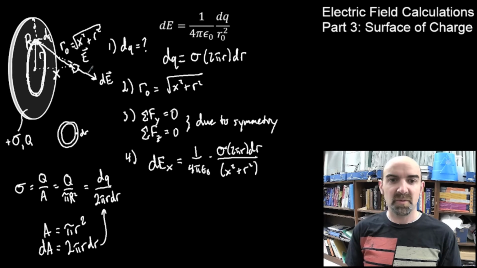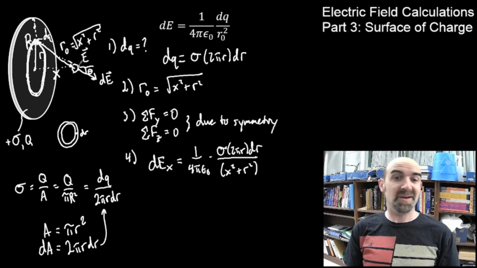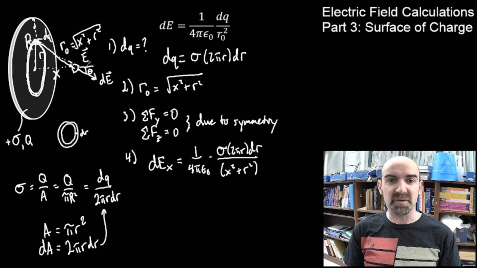We also need the x component, so let me define a theta here. There's our theta, and the x component would be the adjacent side. If we make a little triangle with that, there's a little triangle.